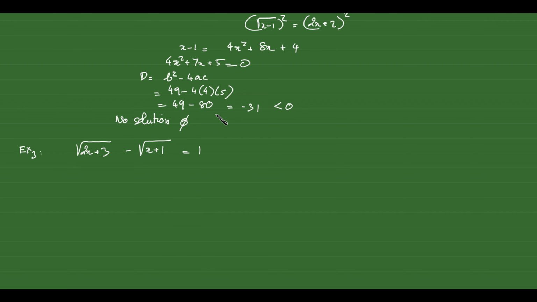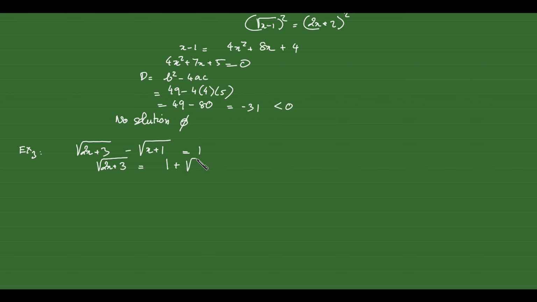So in order to deal with this one, there's at least two different approaches, but I think that you should stick to this approach. If you have two radicals on one side, it is best that you always want to put one of them to the other side.